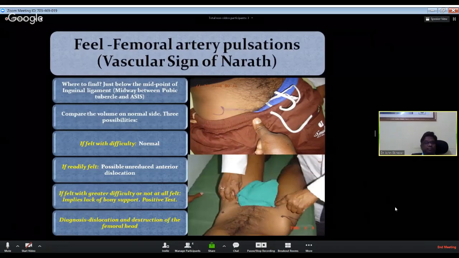It is the difficulty in feeling the femoral artery due to old dislocation or destruction of the femoral head. That is when you say that the vascular sign of Narath is positive. Yes. So, in clinical examination, with these simple things your mind starts going towards the diagnosis. So these are very, very important telltale marks which you should always look at.